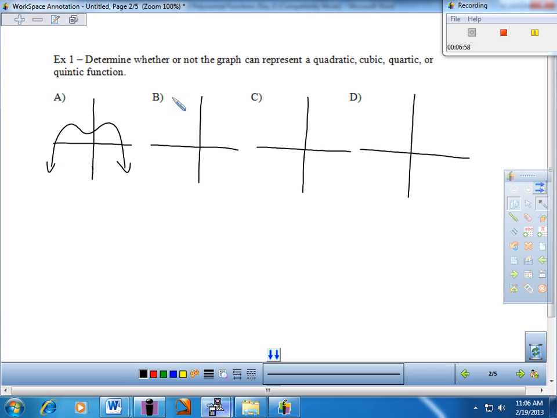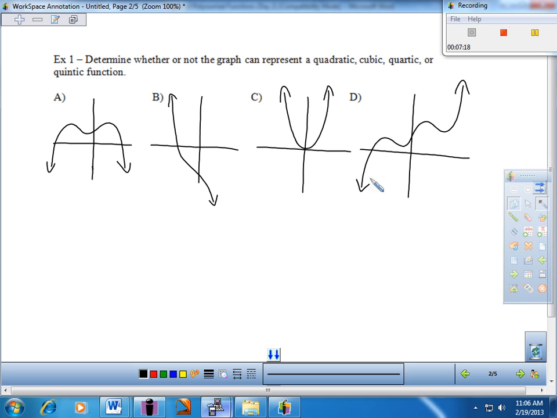For the next one, I've got something like this, give or take. Okay, next one right here. How about that? And then one more over here. There we go. Good. So as you can see, they're all continuous, and they all sort of model what we would consider to be the graph of a polynomial function.